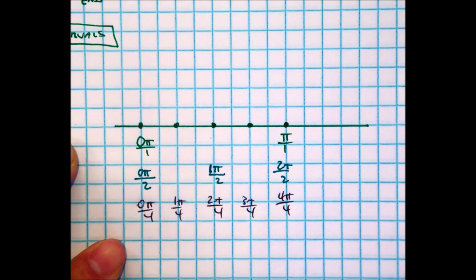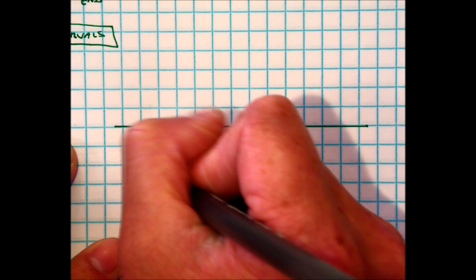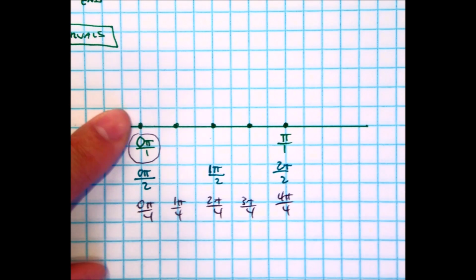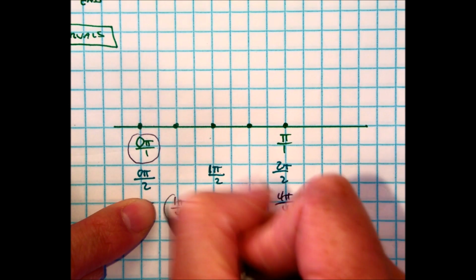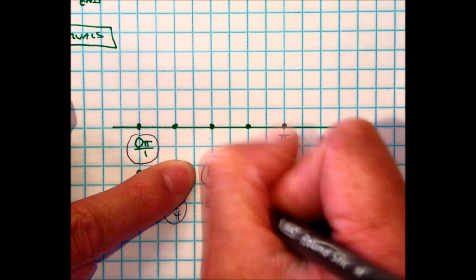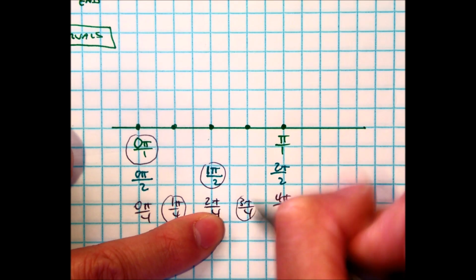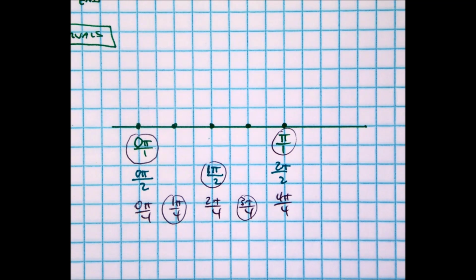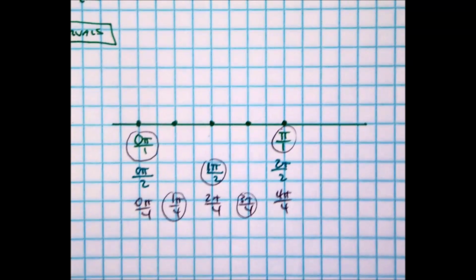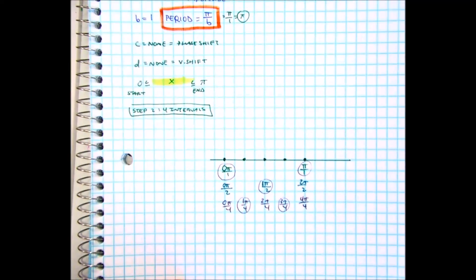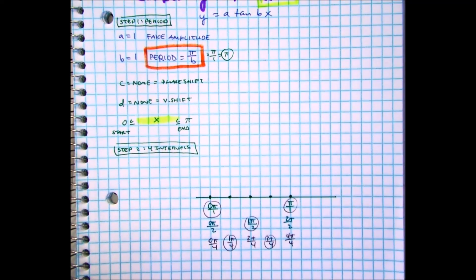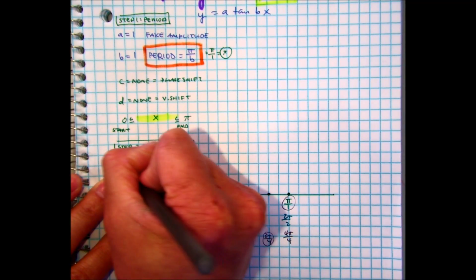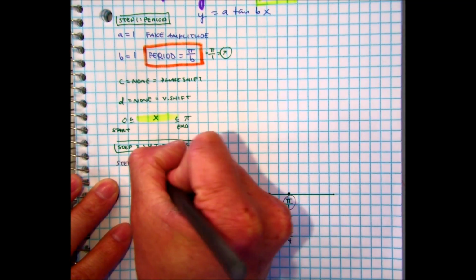Alright, if you get lost, circle the x values. So this is 0, pi over 4, pi over 2, 3 pi over 4, and pi. The next thing I'm going to do now is take these values and do step 3, which is finding my 5 x values.